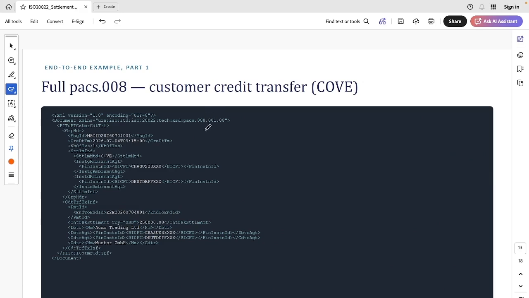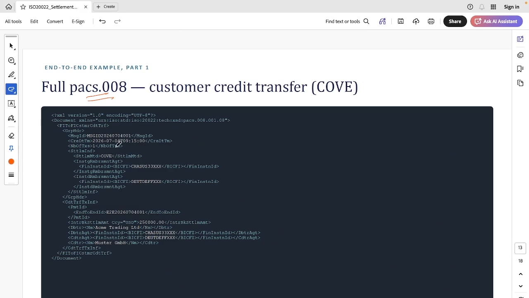Now we move to a full end-to-end example. This slide shows a PACS.008, which is the FI to FI customer credit transfer message. This is used when one financial institution sends a customer credit transfer instruction to another financial institution.